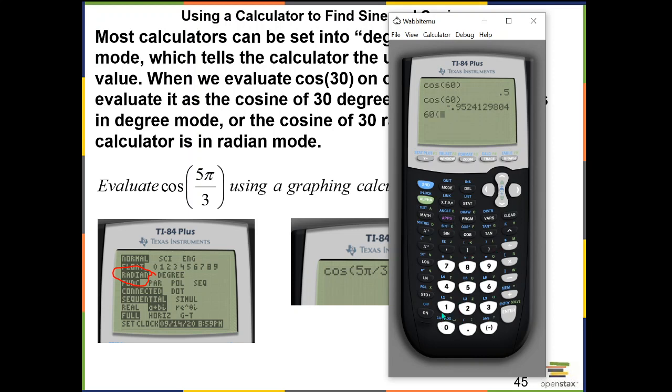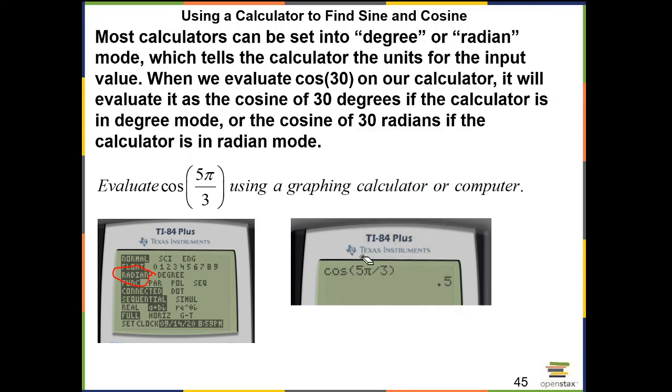Well, you have to multiply by 180 divided by pi. So that's 3,437.75 degrees. This is the cosine of that angle the calculator is finding for you, right? So it's important to know whether we are in degree or radian.